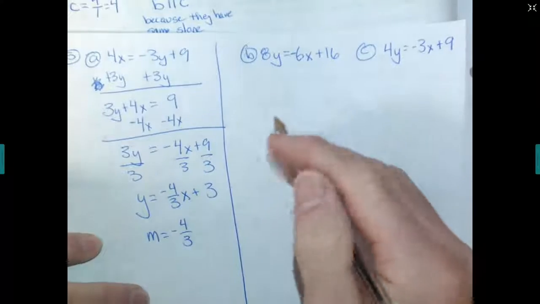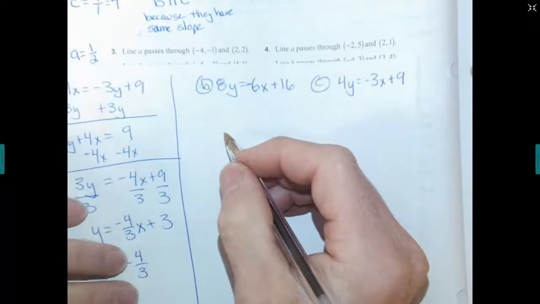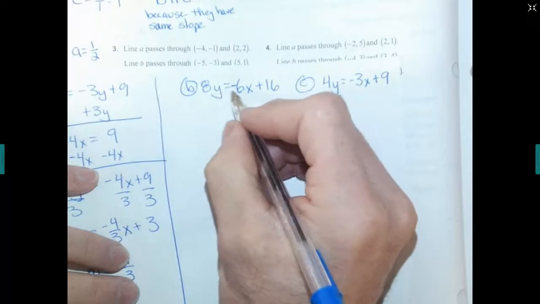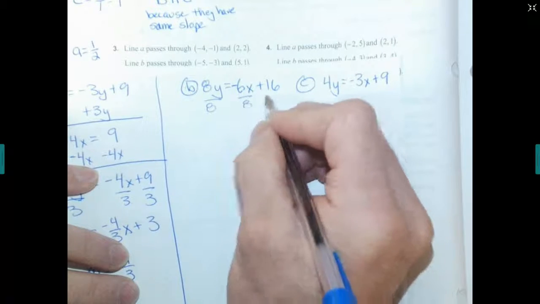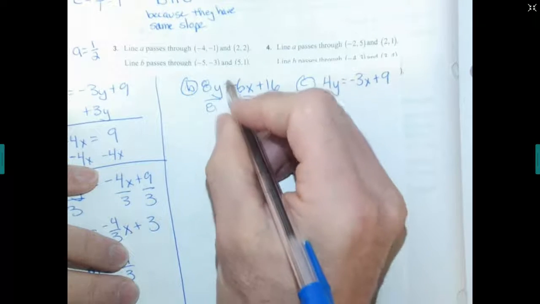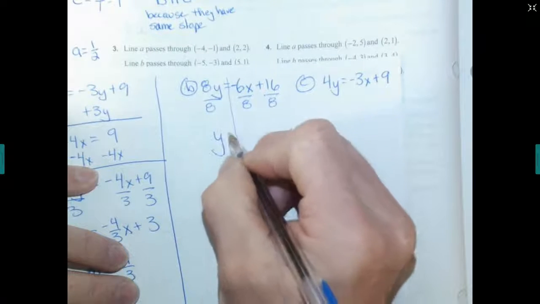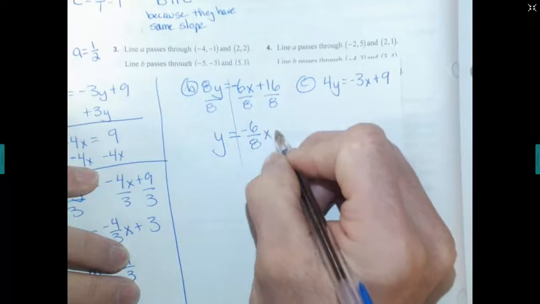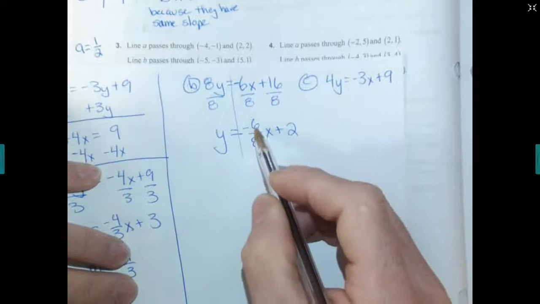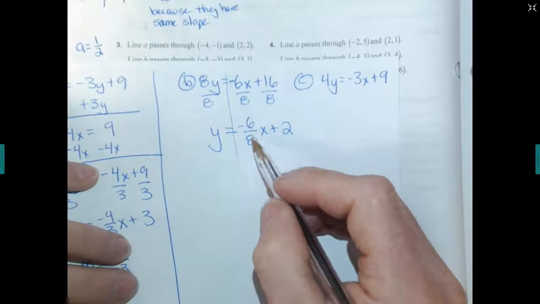So the slope for A is -4/3. Now I go to B. Let's solve for B. All I have to do for this one is divide by 8 all the way across. So then I get y equals -6/8 x plus 2. -6/8, I can divide both of those by 2.